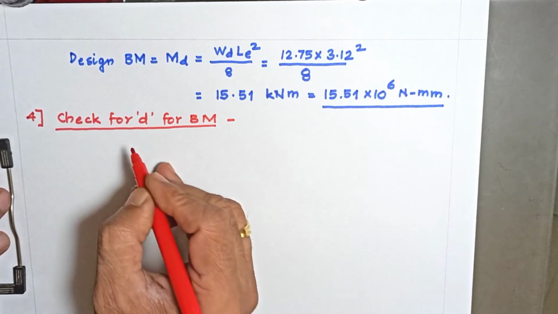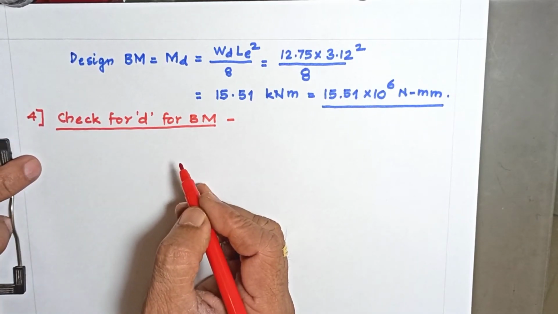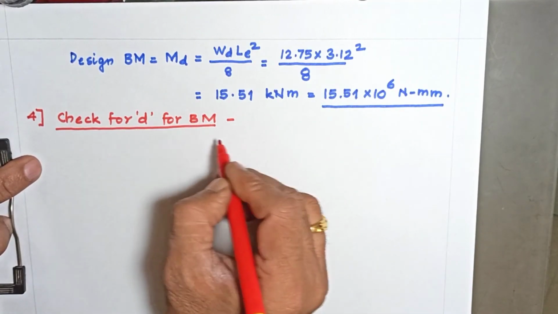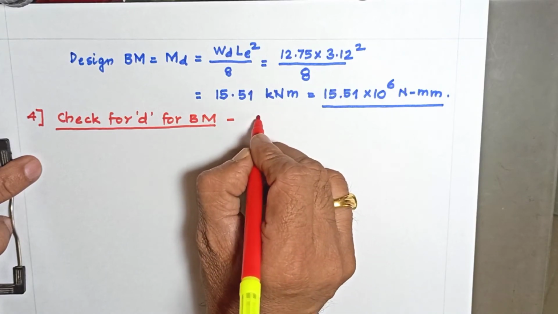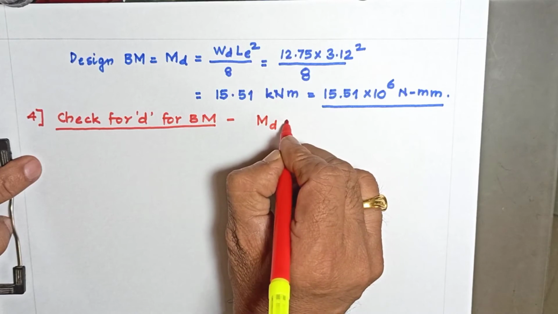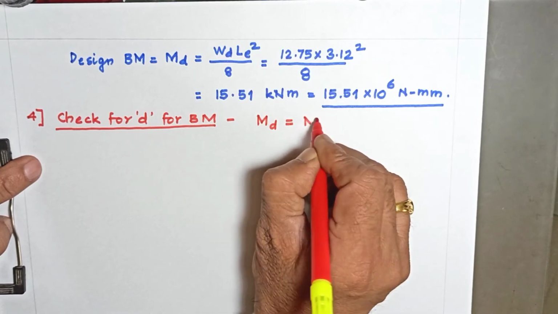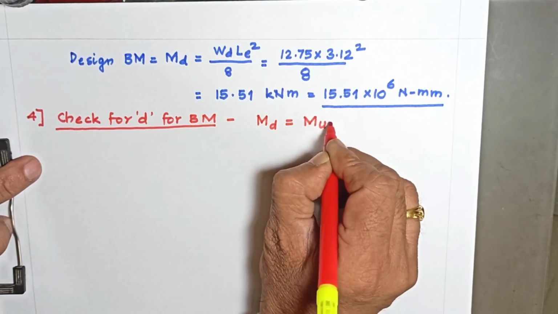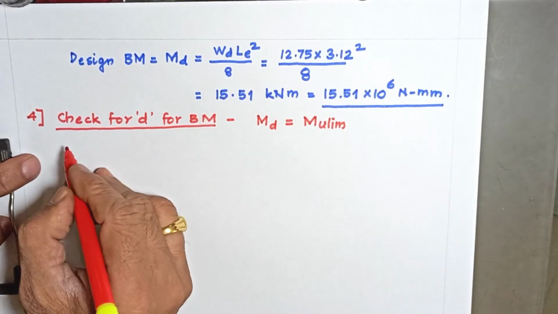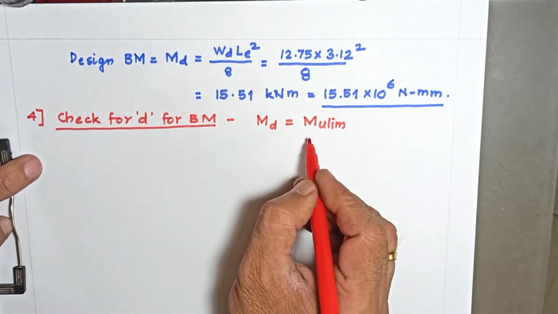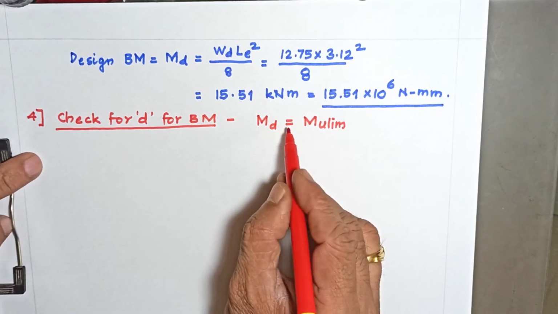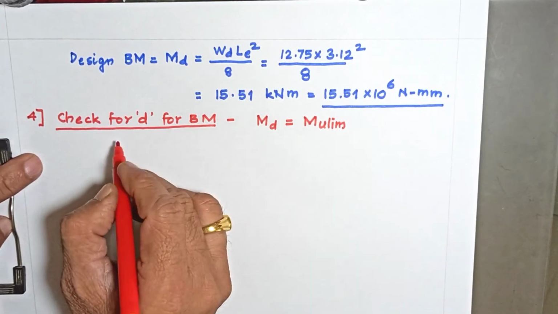Now we are using Fe415. So in this step, to calculate the value of D for BM, we have to equate this design bending moment with the ultimate limiting moment of resistance, that is Mu lim, and we know that the value of Mu lim for Fe415 is 0.138 fck b d square.